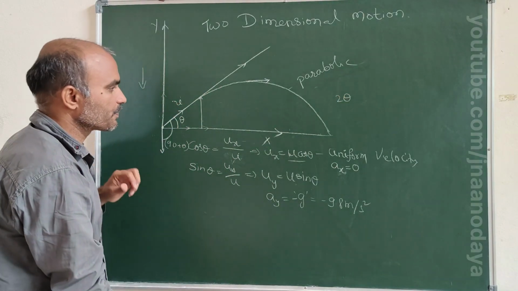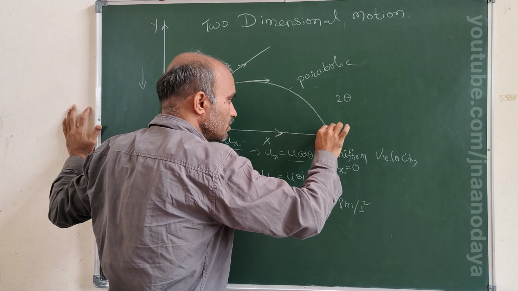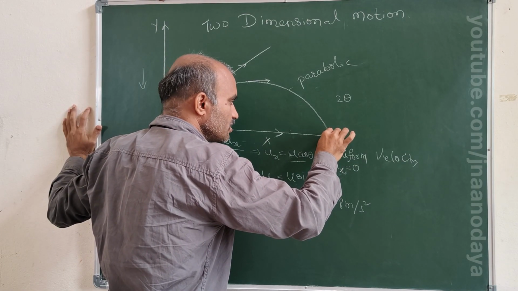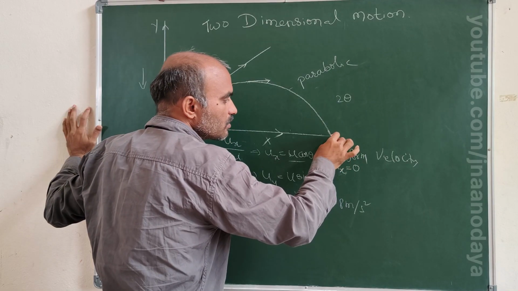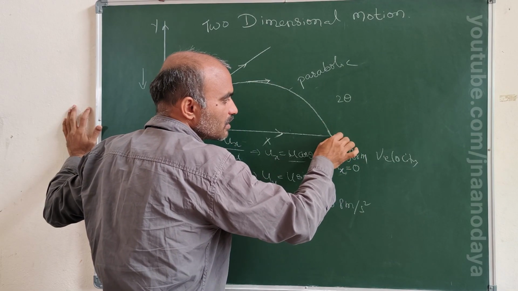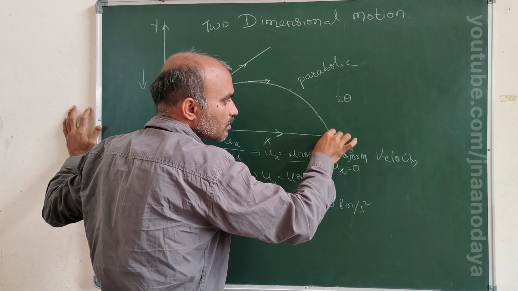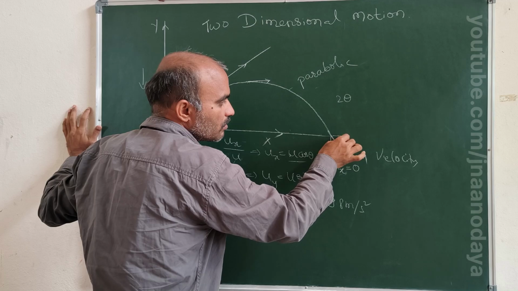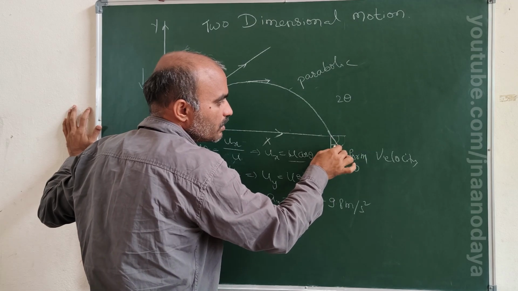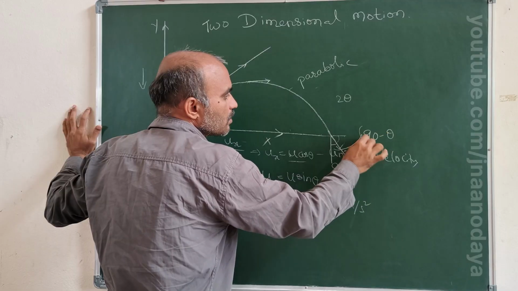So that is why here at this point the direction of velocity will be in this direction. So this velocity vector has turned through an angle of 2 theta. So this will be again theta, right? So this is 90 degrees. Total angle is 90 degrees. So this angle will be 90 minus theta, right?